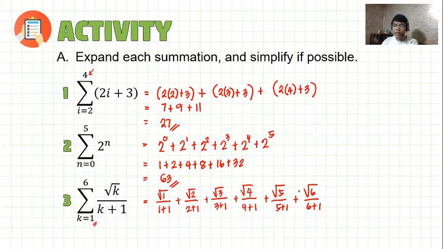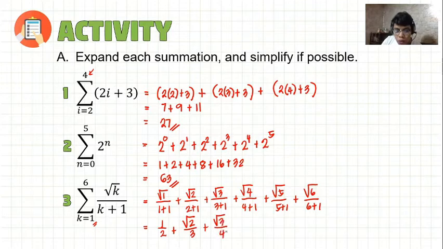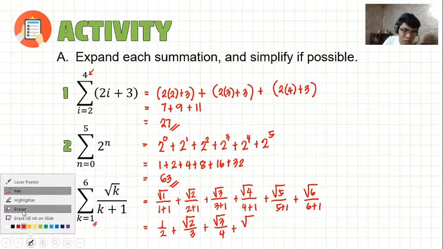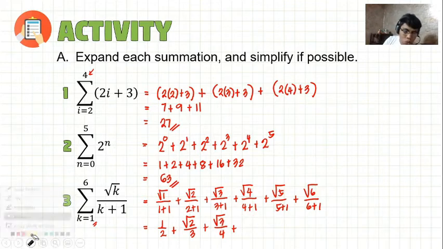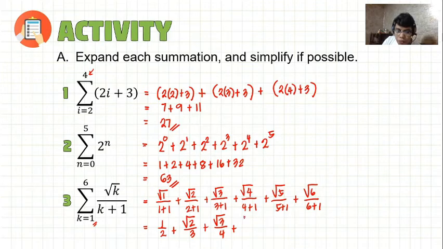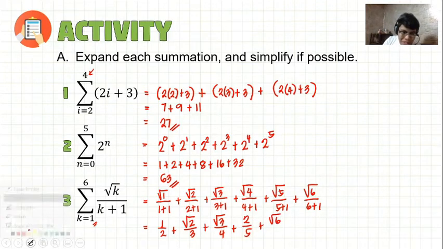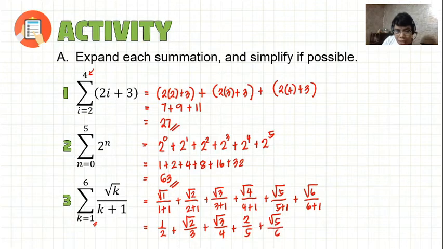Then simplify if possible. So we will now have 1 half, square root of 2 over 3, square root of 3 over 4, oh no, that should be 2. Square root of 4 is 2. So we have 2 over 5, plus square root of 5 over 6, then square root of 6 over 7.